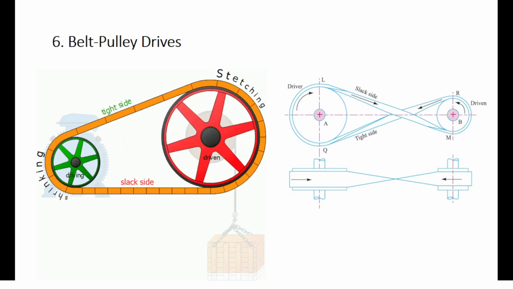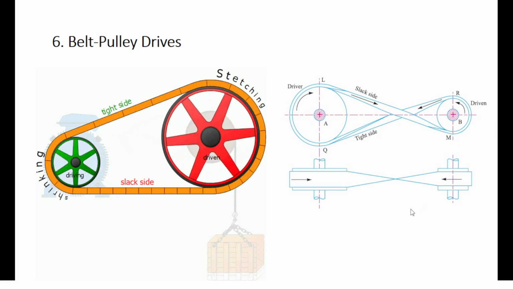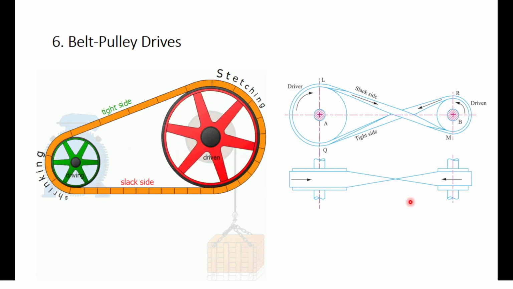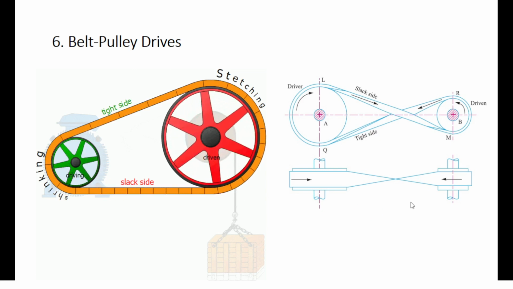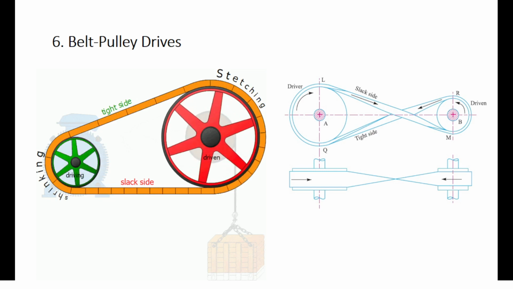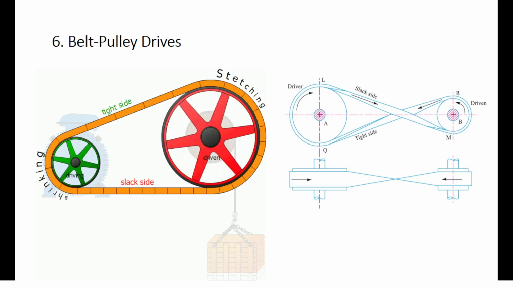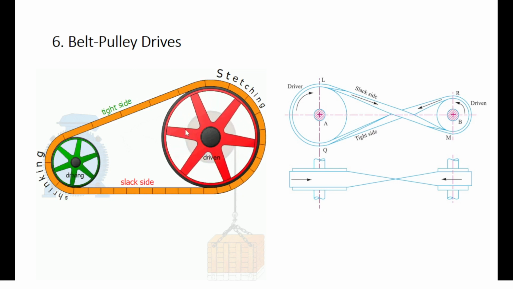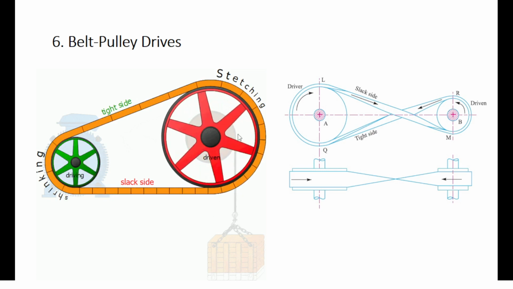An important comparison between this left open belt pulley and this cross belt pulley is that there will be reversing of the motion. Here both the pulleys are rotating in the counterclockwise manner.